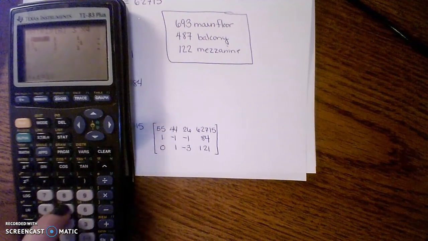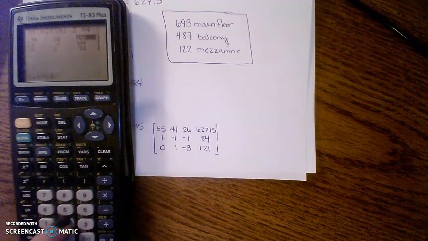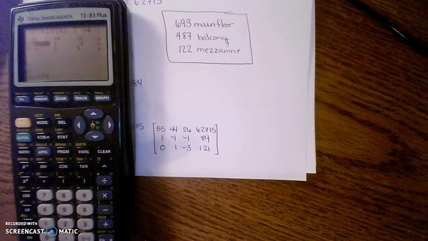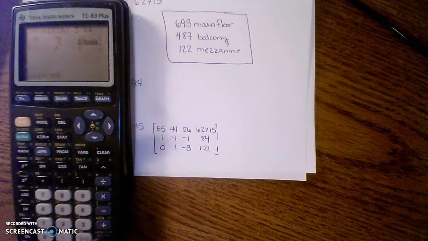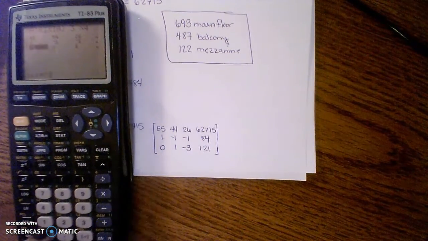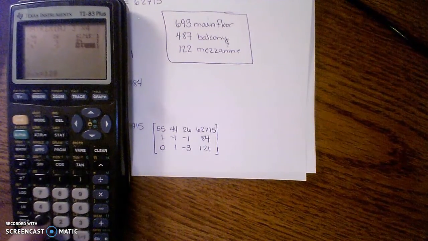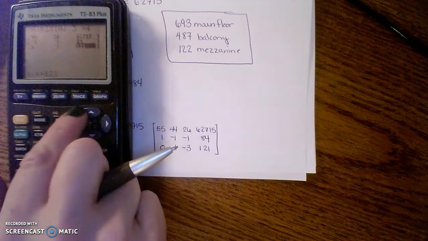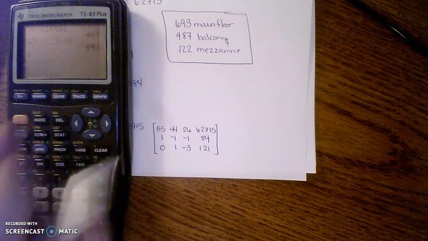And the entries are 55, 44, 26, 62, 715. Then I've got 1, negative 1, negative 1, 84. 0, 1, negative 3, 121. Okay, so now that I have all of those entries in my matrix, I'll go ahead and exit out.